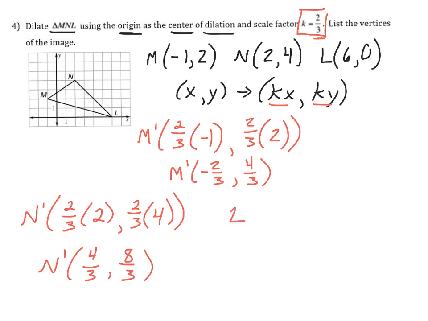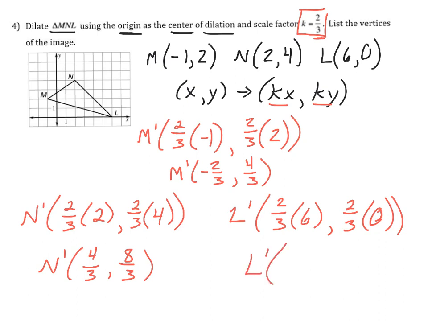Lastly, we have L prime. So my scale factor, 2 over 3, times the x value, 6, and my scale factor 2 over 3 times the y value 0. So lastly, it looks like L prime is going to end up with 12 over 3, which is going to reduce right down to 4. 4, 0.